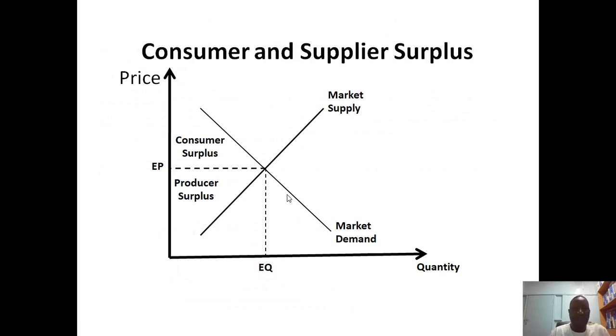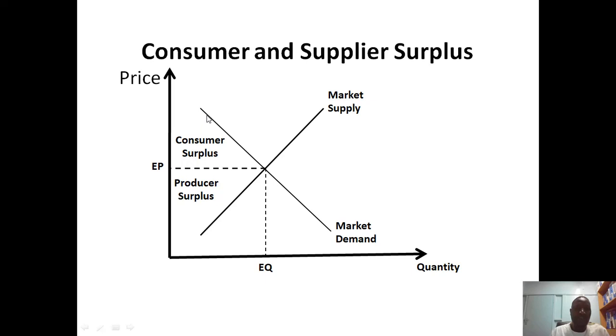Now let me talk about consumer surplus and producer surplus, referring to the same equilibrium price. Equilibrium price is the market price, but it's also true that there are some consumers who may be willing to pay a higher price for a product than the equilibrium price.